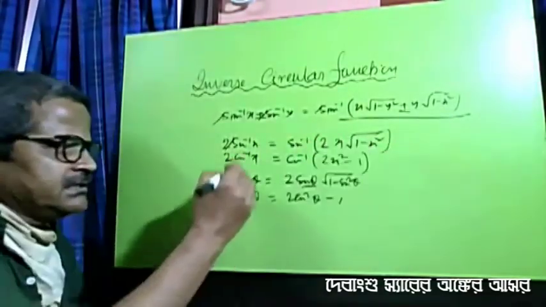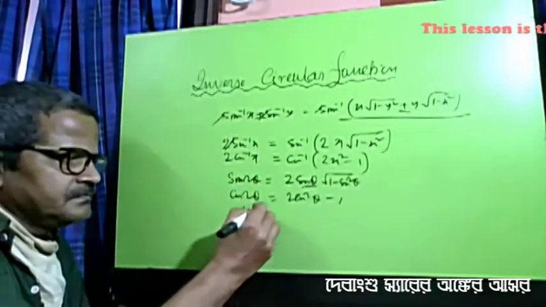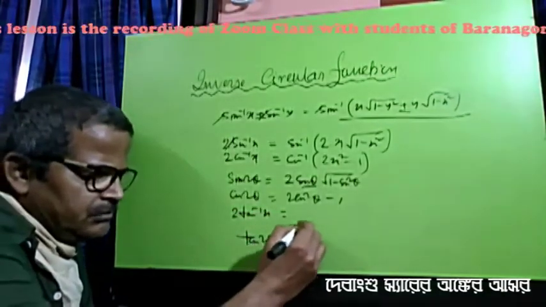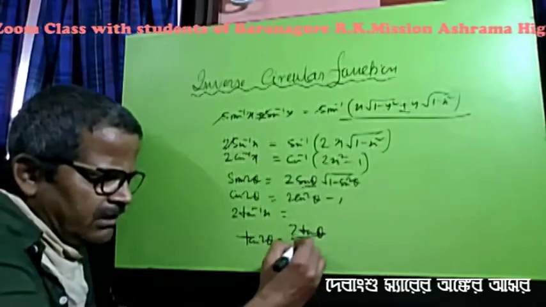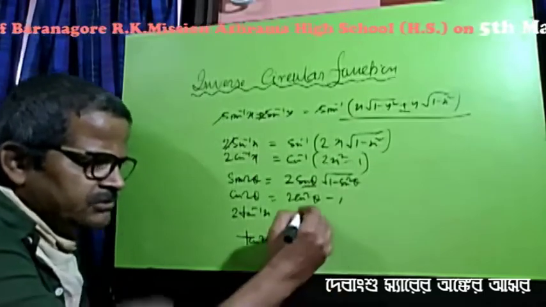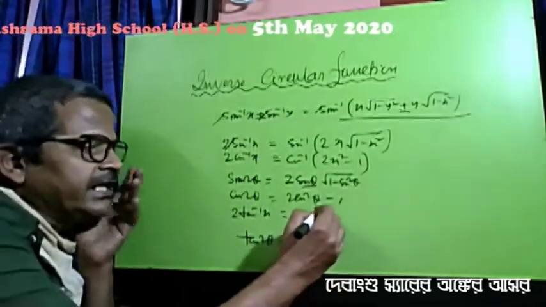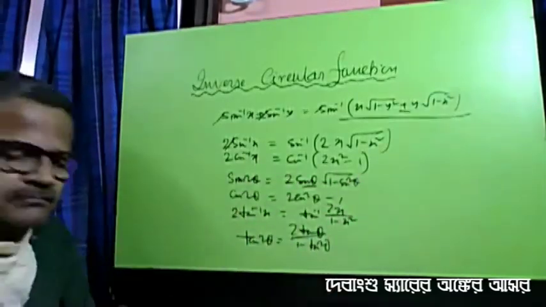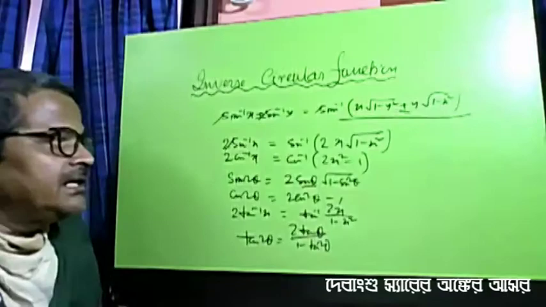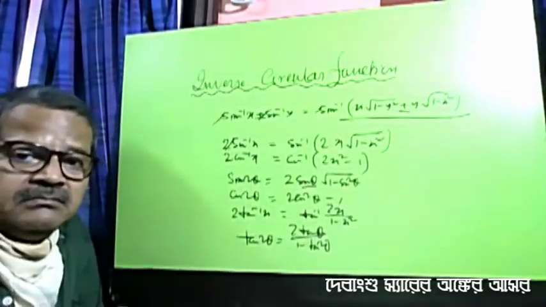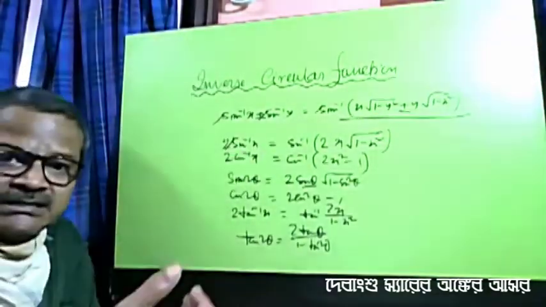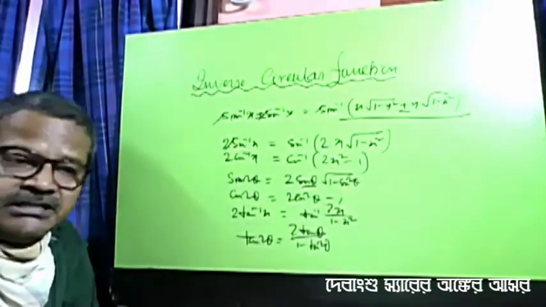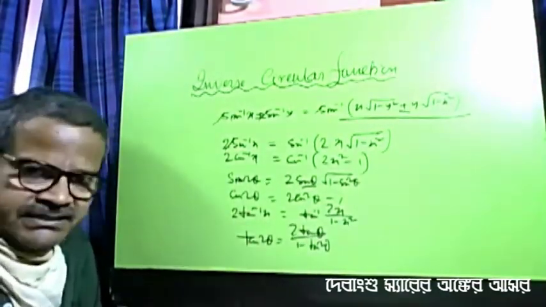2 tan inverse x: tan 2 theta is 2 tan theta by 1 minus tan square theta. So it is tan inverse 2x by 1 minus x square. Similarly, you can get 3 sin inverse x from the sin 3 theta formula, 3 cos inverse x from the cos 3 theta formula, and 3 tan inverse x.